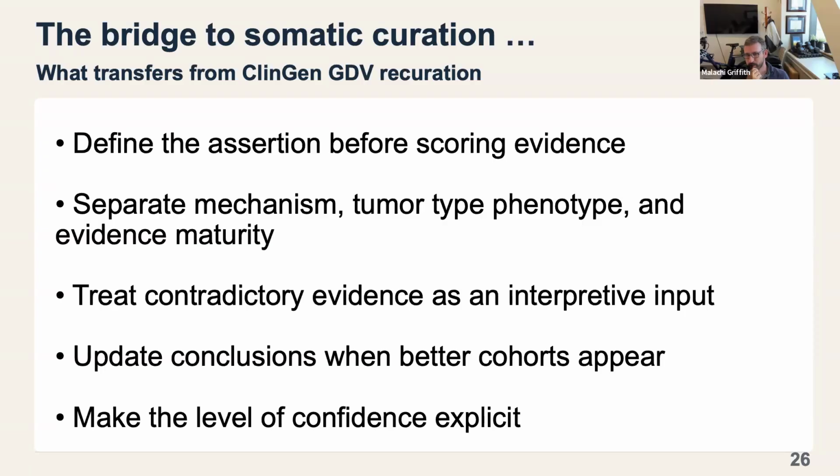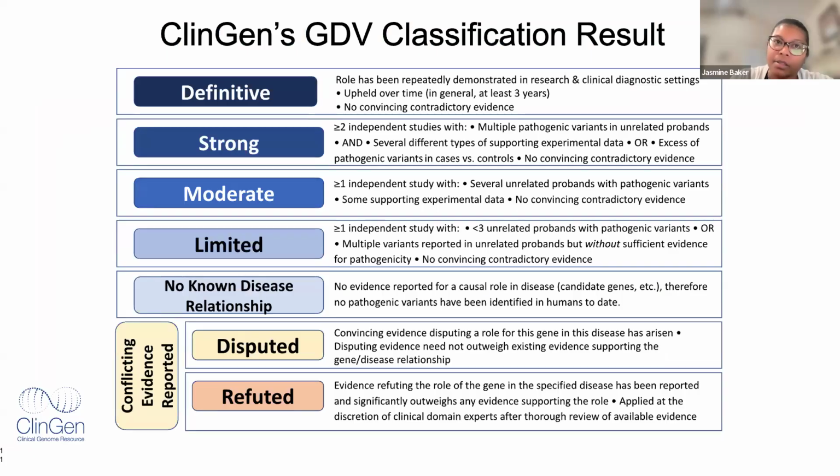Can you elaborate a little bit more on what it means to make the level of confidence explicit? So when I say make the level of confidence explicit, I mean having something similar to, I'll pull it up on the slide so you can see, a framework like this.